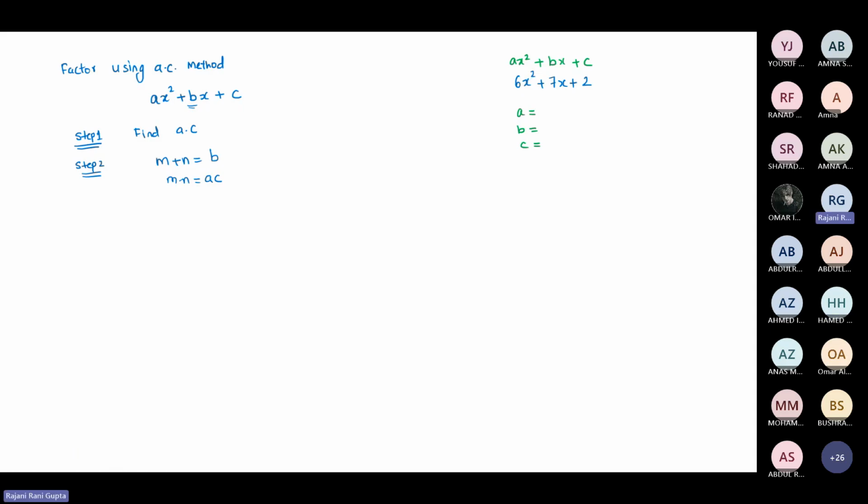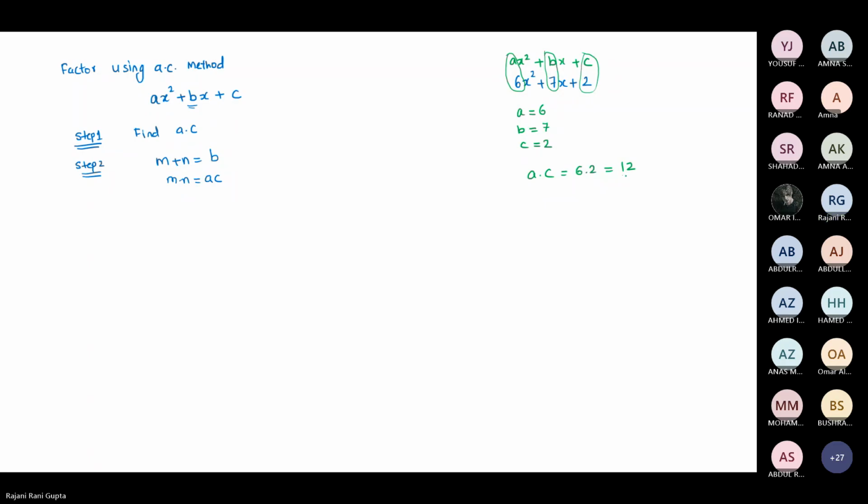A is 6, okay. B is 7, good. C is 2. So from here, the coefficient B is 7 and C is 2. Okay, so you have to find AC. A multiply C, that is 6 multiply 2. How much is it? 12.